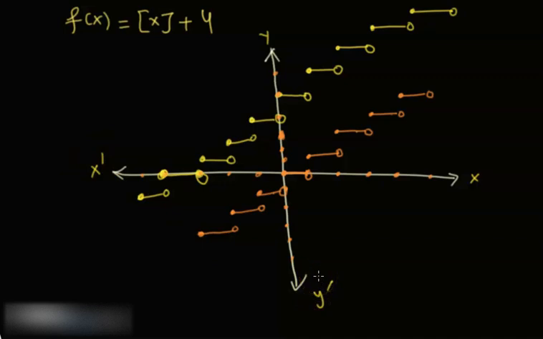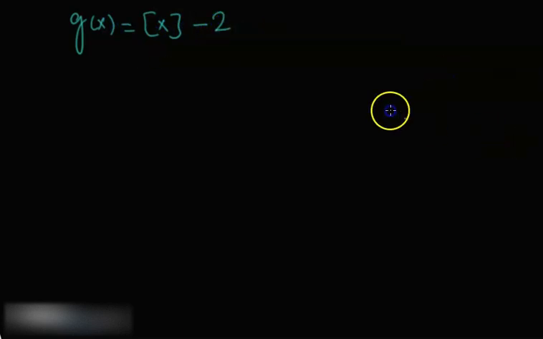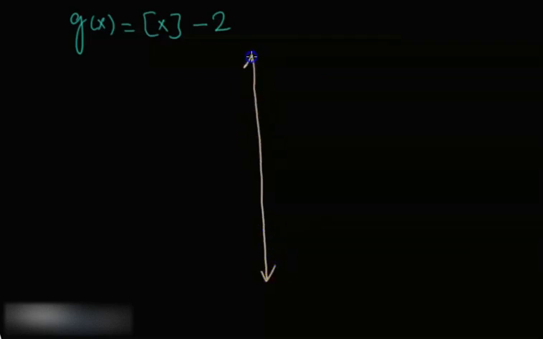Similarly, if you are talking about the graph of g of x equal to greatest integer x minus 2, then all you need to do is shift your greatest integer value function's graph 2 units downward.